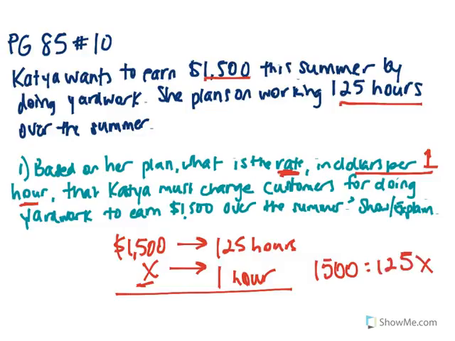So we're going to put the rate X next to 125, and then we'll solve for X. And we will get X equals $12 per hour. So that's how much money she needs to charge in order to make $1,500 this summer.